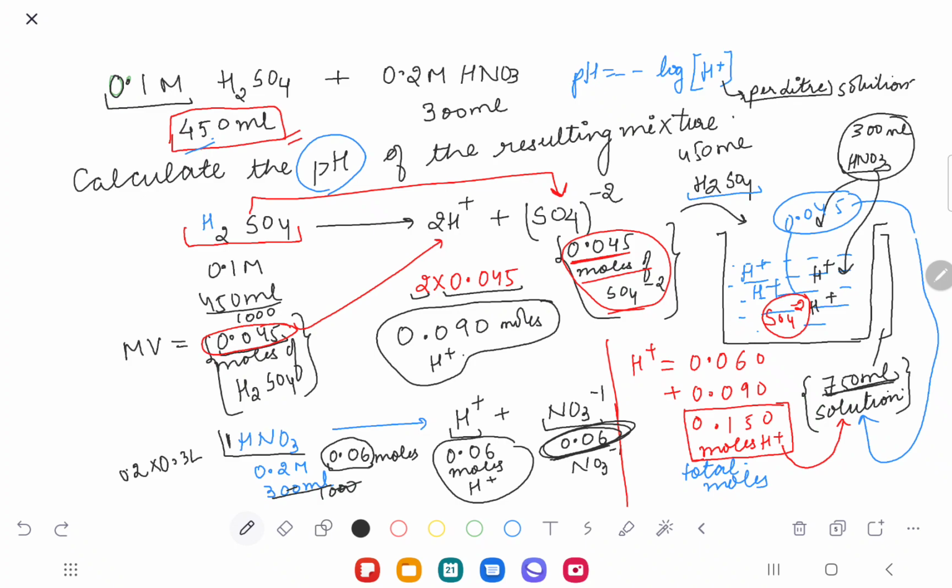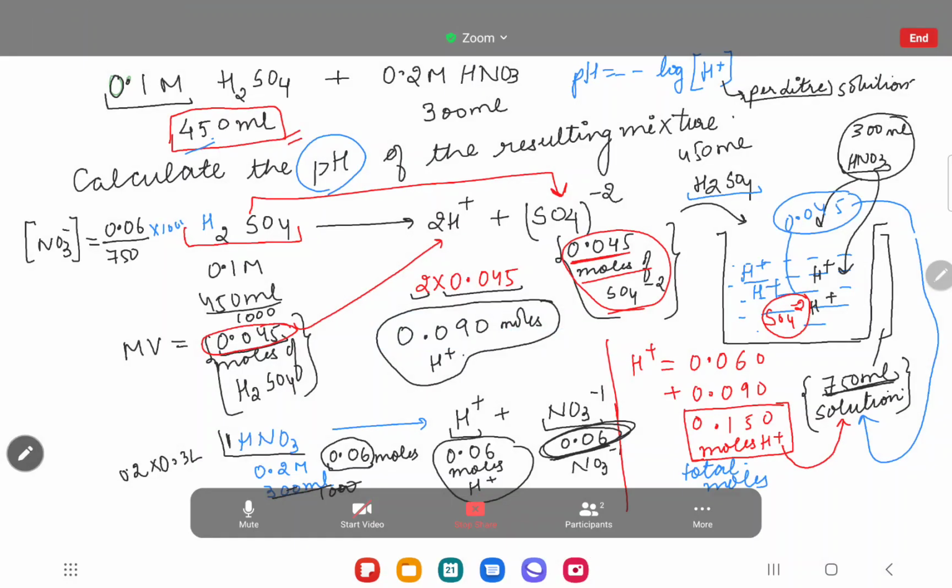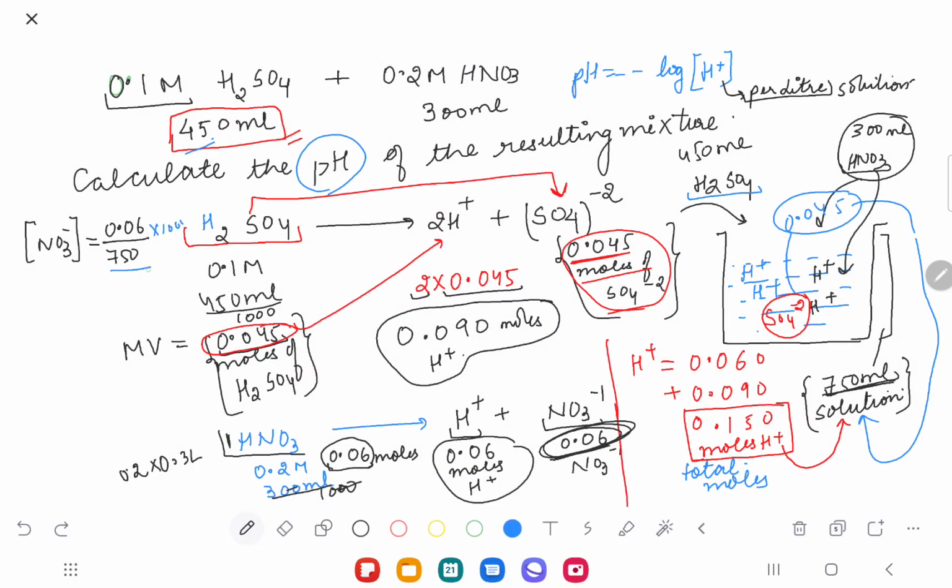So could I just simply say the square brackets NO3 negative? Square brackets means the molar concentration, which would be the moles divided by the volume. Volume is 750 again, but I divide it by 1000 because I have to convert it into liters.